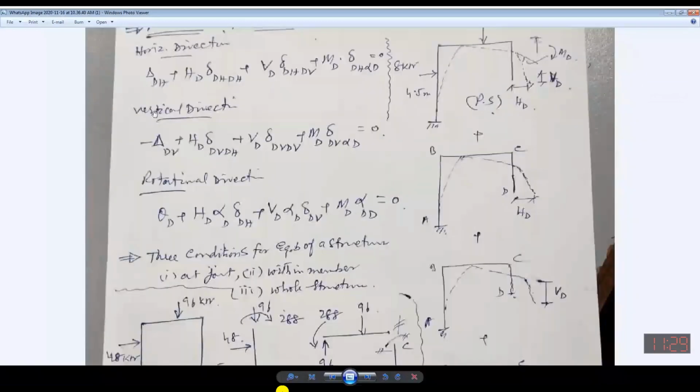This is acting downward. Apparently it will be under the effect of this or this. It will go like this and this will come down. Okay, this is the deflection at D in the vertical direction due to applied loading. Flexibility at D in vertical direction due to unit load at D in horizontal direction, due to unit load in vertical direction, due to unit moment at D. Okay?